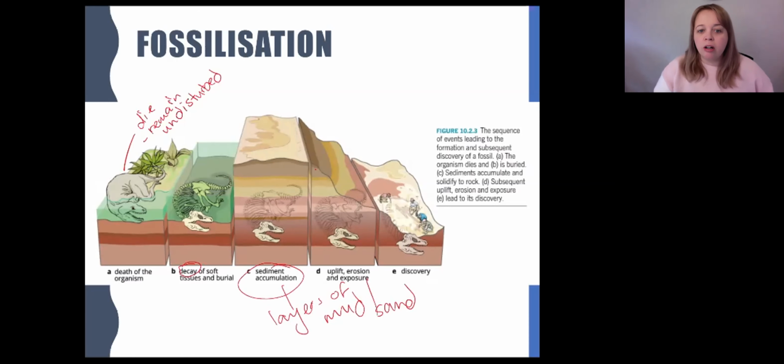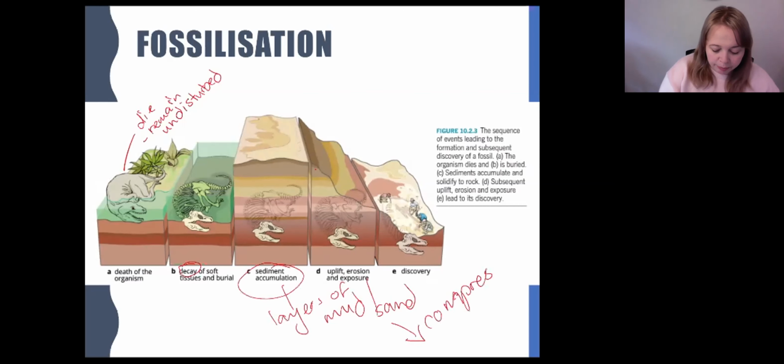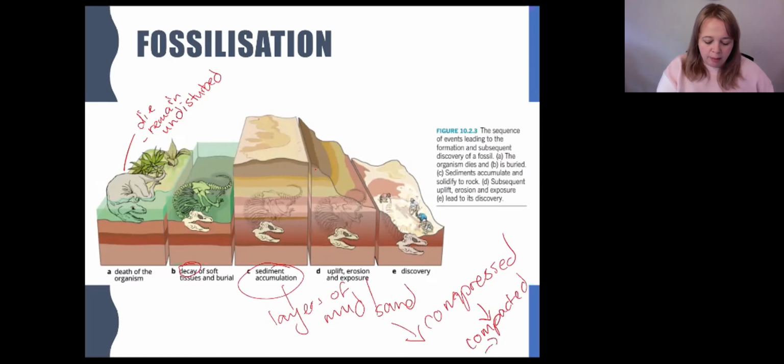Now, eventually over time that gets compressed. And after it's been compressed, it can become compacted and become rock. So the minerals in the surrounding rocks leach into the bones and replace the calcium in the bones usually.